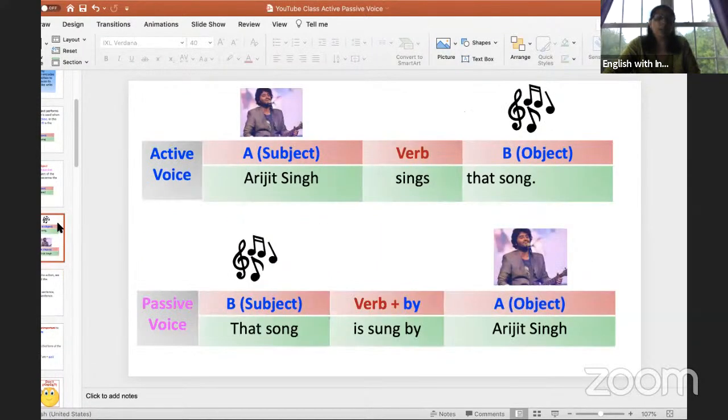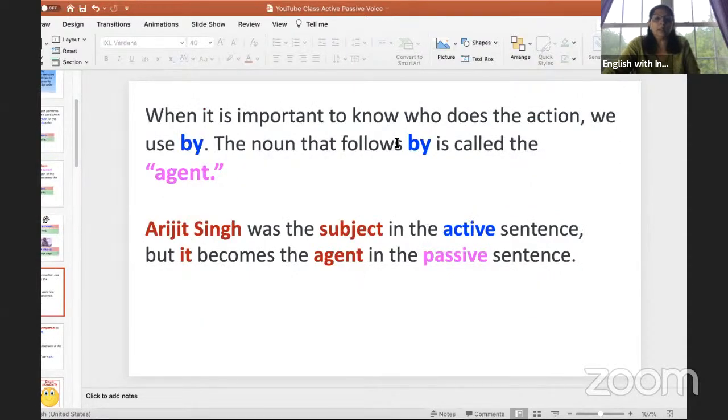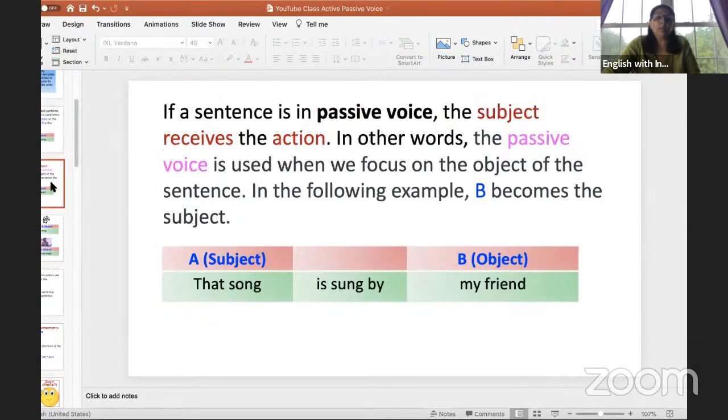So if you want, you can see that again. Here in the second one, look at what it says: the noun that follows by is called the agent. So it becomes the agent in the passive voice. I want you to note this again.